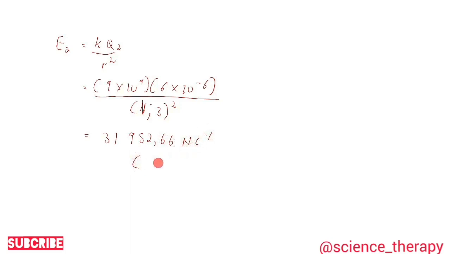Now, if you have it in scientific form, that's 3.1953 times 10 to the exponent of 4 newton per coulomb. So in scientific form, you don't want to round off to 2 decimal places as yet, because remember, in scientific form, they're working with those big numbers.